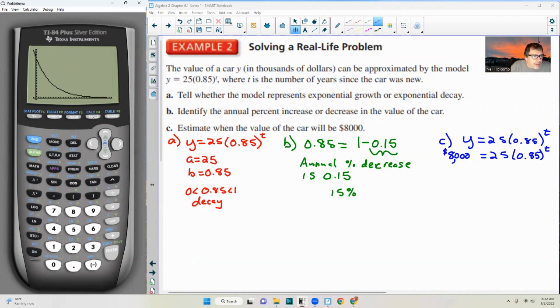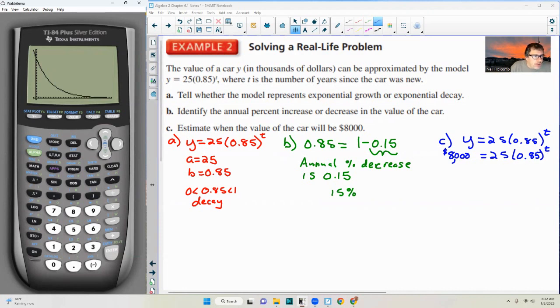So I'm going to use my trace function. So I'm going to hit second trace, and I want to find a value. So I'm going to hit enter. And we know that X is, we want to know what Y is. Or, I'm sorry, we can't do it this way. I can't put an X value in, I'll just be guessing.